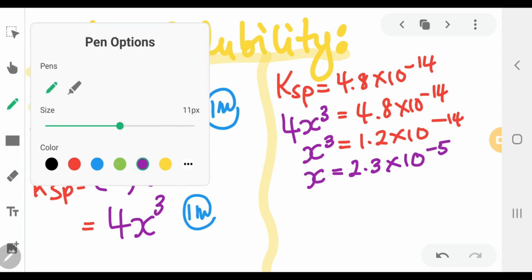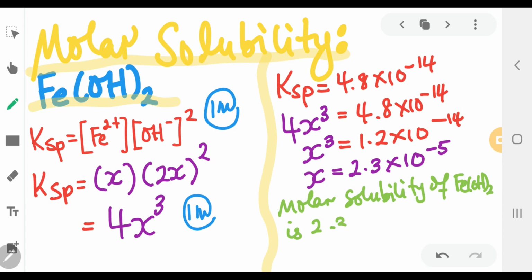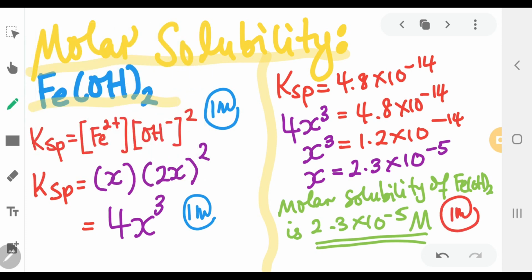So the molar solubility of Fe(OH)2 is 2.3 times 10 to the negative 5 molar. Don't forget your units. It's very important. After you have got that one, you will be granted 1 mark for that.